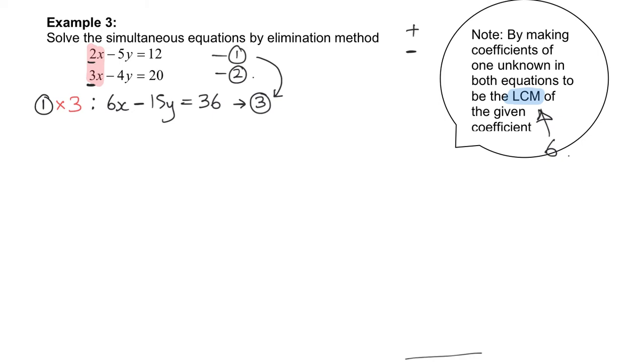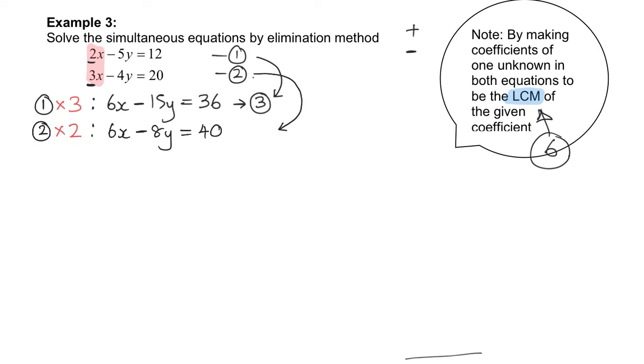Right, so now I have to do something to equation 2 instead. To get the lowest common multiple of 6, I have to multiply equation 2 by 2 instead. So what happens is that equation 2 becomes now 6x minus 8y because minus 4y times 2. And I get 40 because I have 20 multiplied by 2.